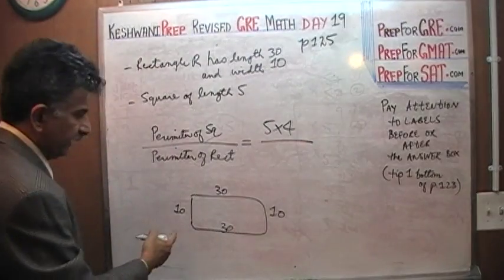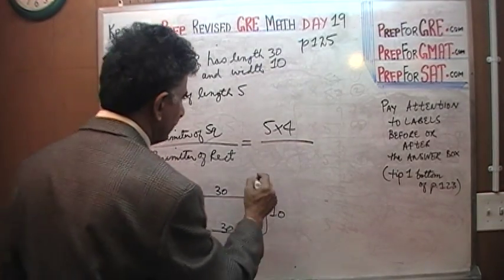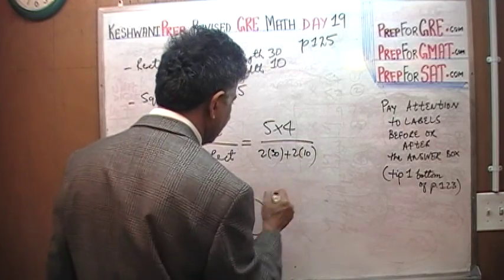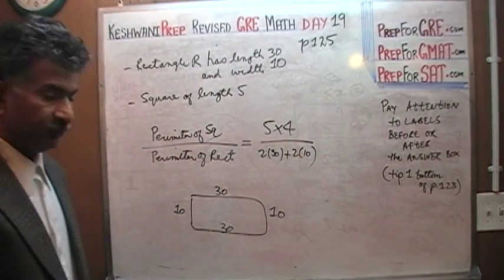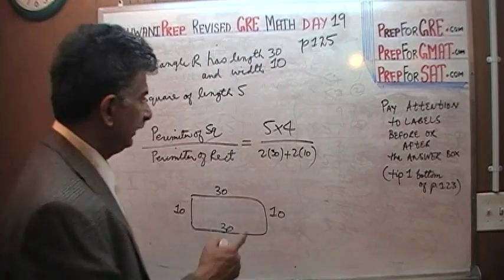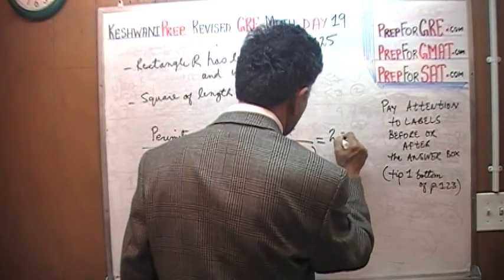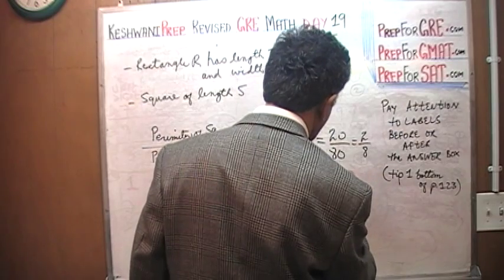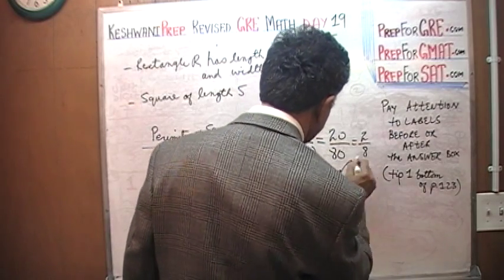So the perimeter of this guy is going to be 2 times 30 and 2 times 10. 2 times 30 is 60 and 2 tens are 20, that's 80, and on top we have 20. So it's 20 over 80 or 2 over 8 or 1 over 4.